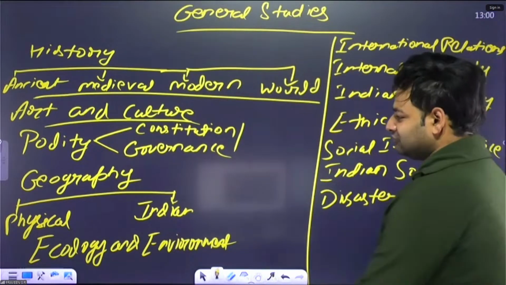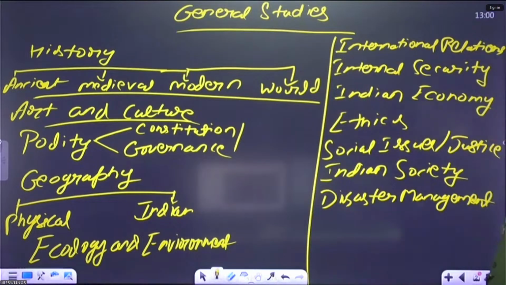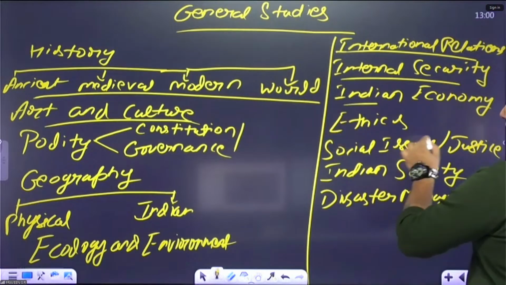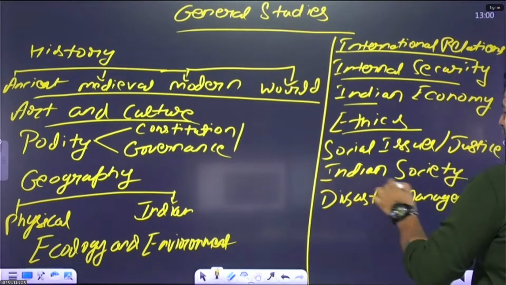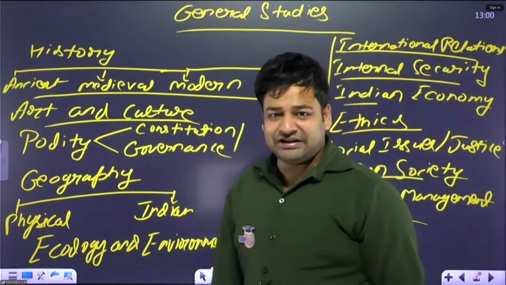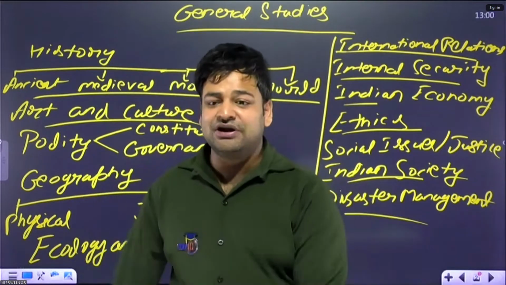In geography, I've got 2 segments, 9. I've got environment and ecology 10. Okay, then IR 11, security 12, economy 13, ethics 14, social issues, society, disaster management 17, then my CSAT 18th subject, then my optional 19th subject, then my current affairs 20th subject.